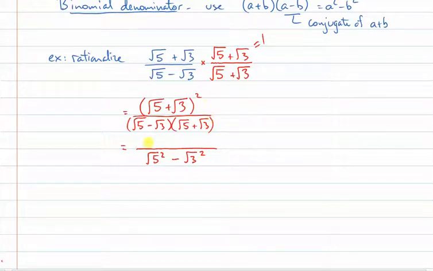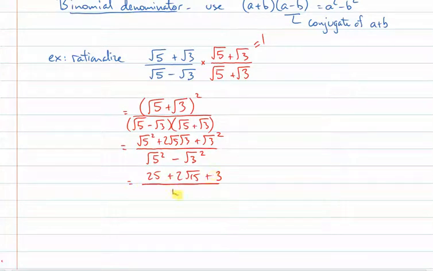The numerator is a binomial square, so I'm going to have root 5 squared, 2 root 5 root 3, and root 3 squared. All right, one more step of simplification. I've got 5, I've got 2 root 15, and I've got 3.